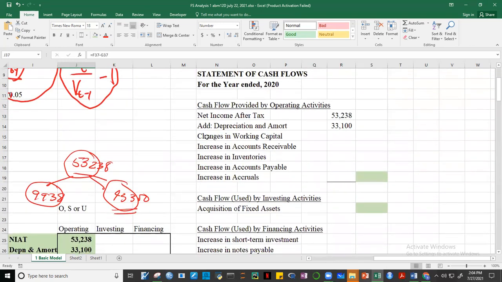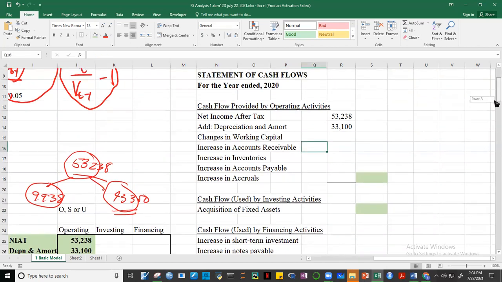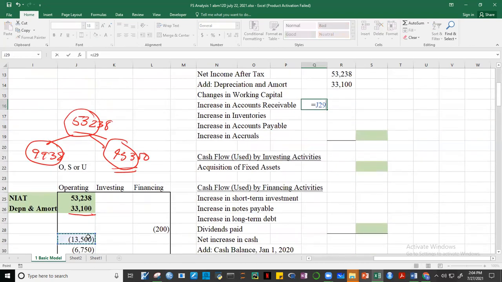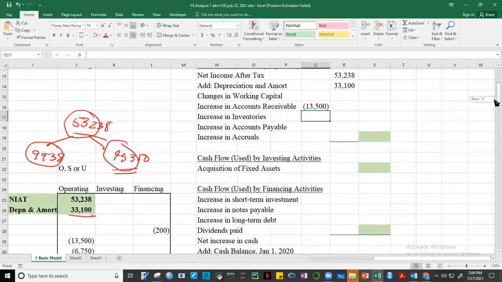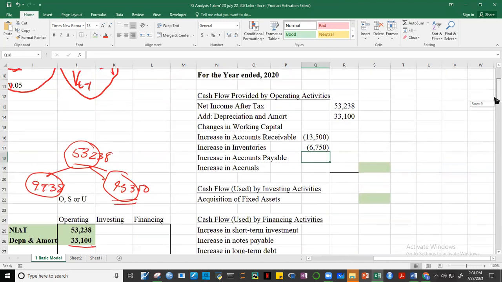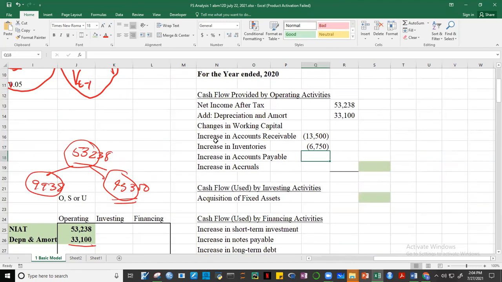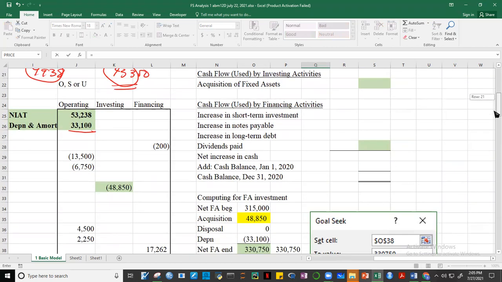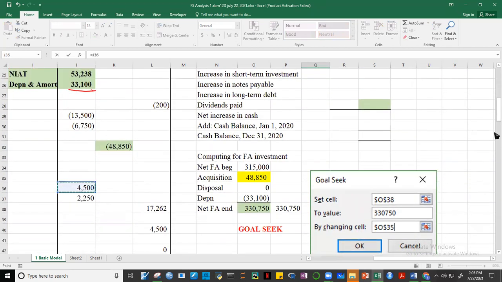So here, we add changes in working capital. So number one, we have increase. Di ba nag-increase accounts receivable? Ito yun. It will be a use of cash. Inventories din nag-increase. Okay, so if you take a look at this, guys, nakalagay lang ano, increase in AR, increase in inventories. And we have accounts payable, nag-increase din, positive siya.